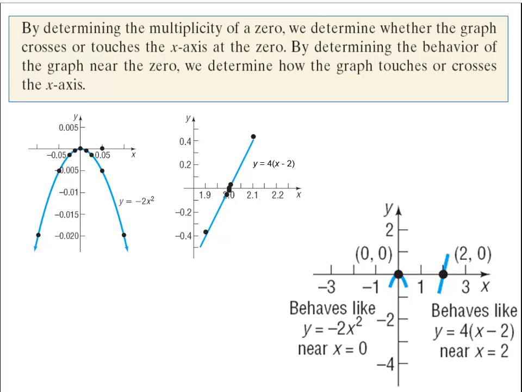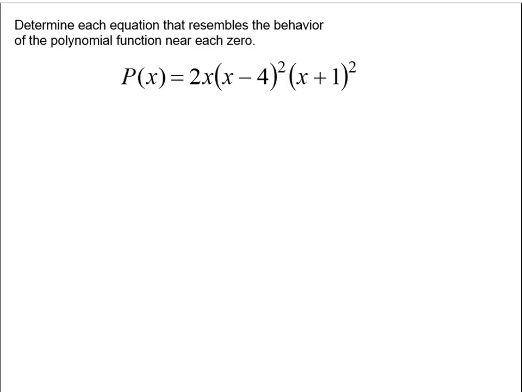All right, so again, we're using our tools of analysis. The multiplicity tells us whether the graph crosses or touches. And then we can write an equation that tells us a little bit more detail about exactly how the graph touches.